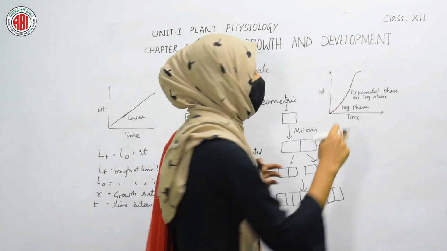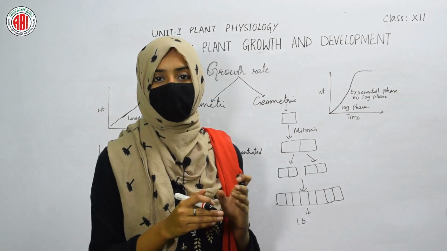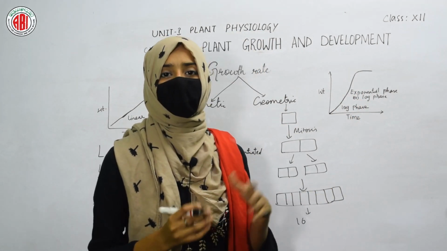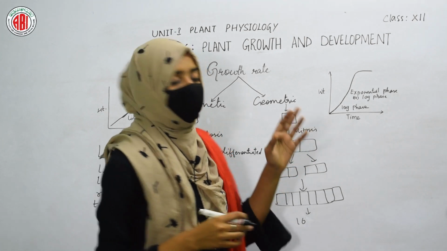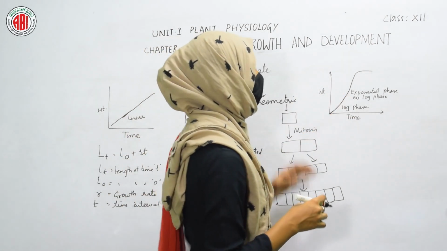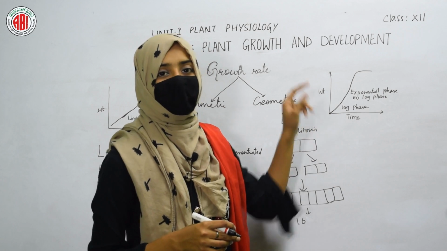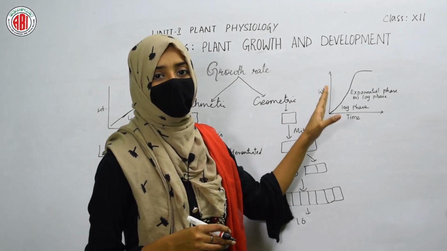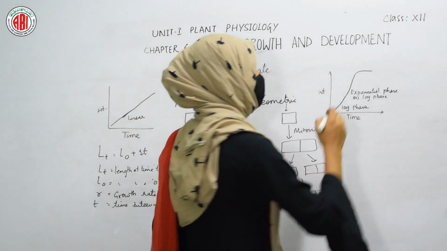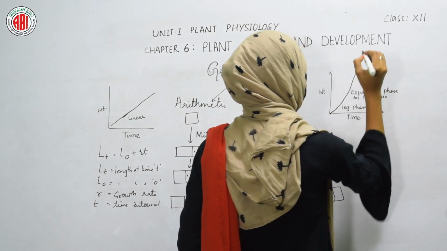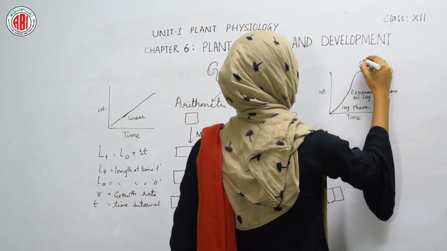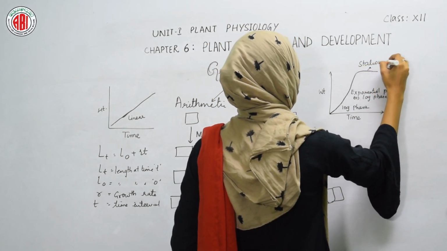In this phase, the cells divide rapidly. After this, they reach a phase where cell division declines and stops, and this phase is termed the stationary phase.